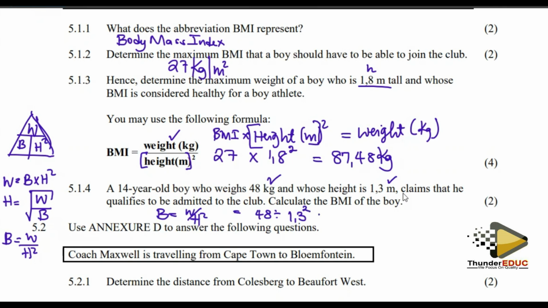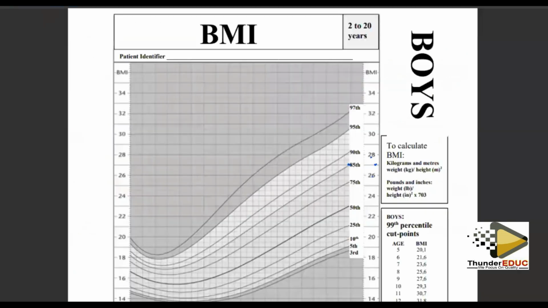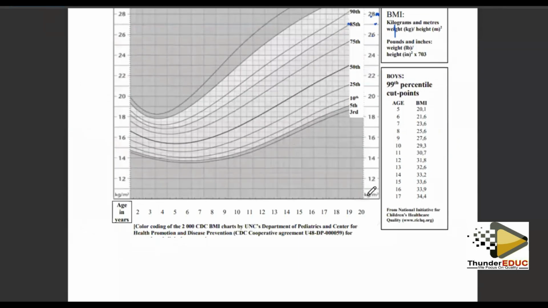So here the answer becomes 28,40 kilograms per meter squared. So does it qualify? We need to go and confirm from the annexure there. Where is 28? 28 is above here. This is the BMI for this boy. You see that? The BMI of a 14-year-old.